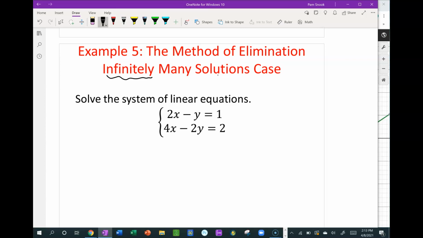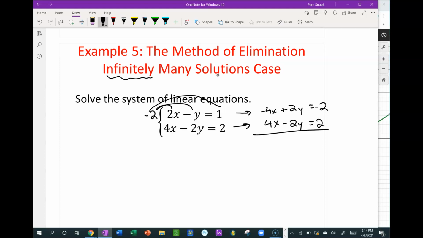So I'm going to multiply my first equation by a negative 2. And when I do that, I get negative 4x plus 2y equals negative 2. And then my second equation I'm going to leave as it is, so 4x minus 2y equals 2.